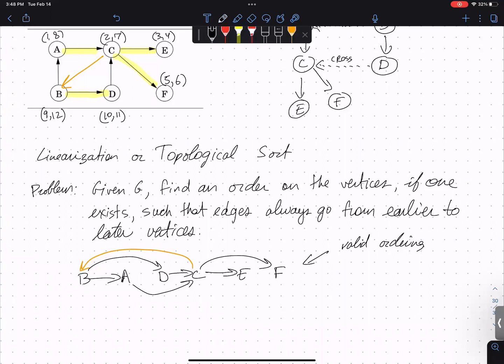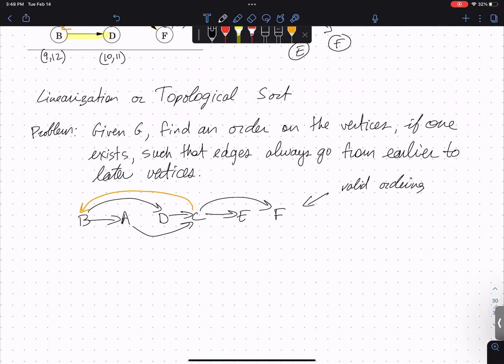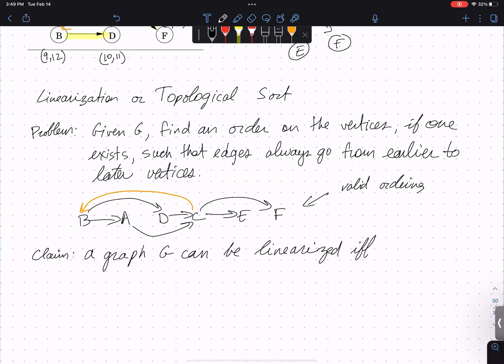We're going to write that down, and we're going to prove it formally. We'll claim graph G can be linearized if and only if G is a DAG.